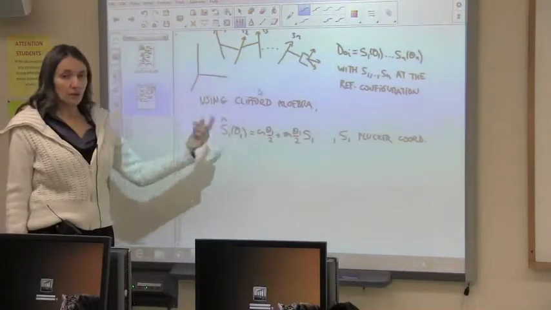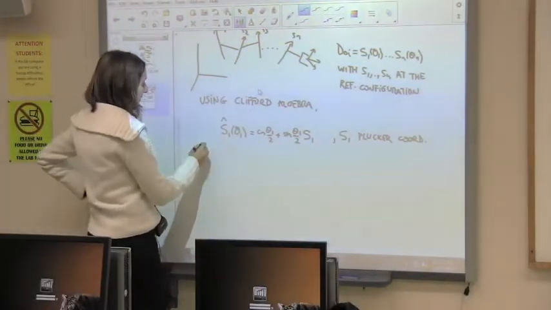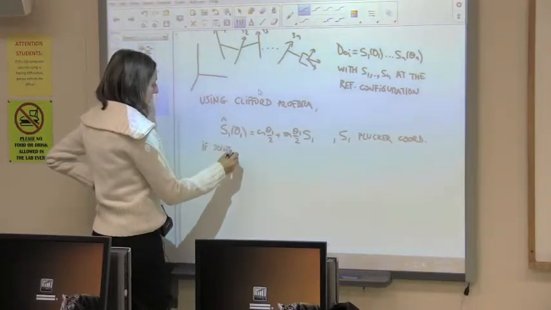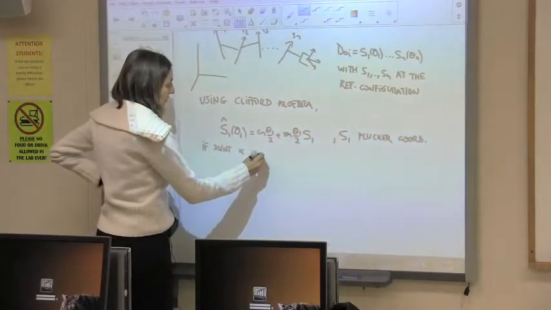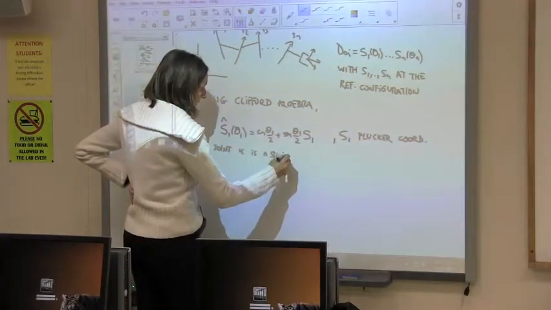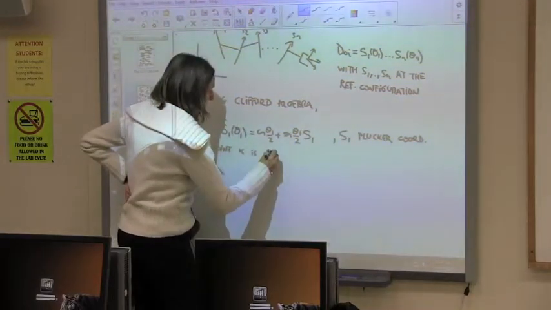You just put one for each, and if it's a translation, let's imagine that joint K is a translation, a slider, let's just talk properly, a prismatic joint.